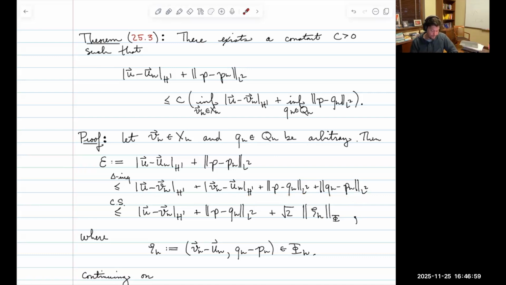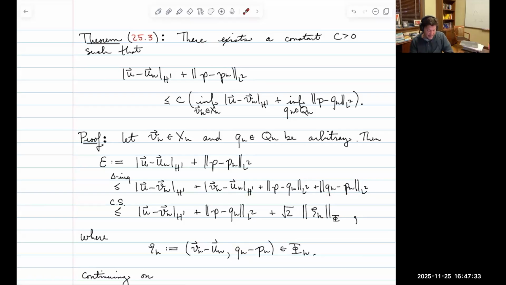Now, let me define an object, what do I want to call it? Squiggle H, which is VH minus UH as its first component, and QH minus PH as its second component, from this space phi H. Then what do I have in this position and this position?